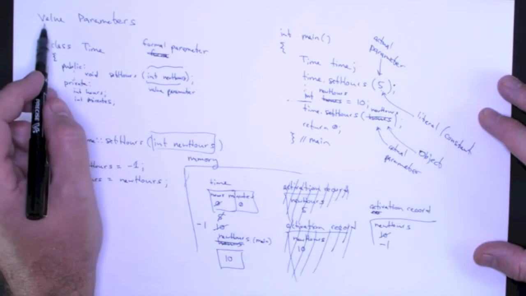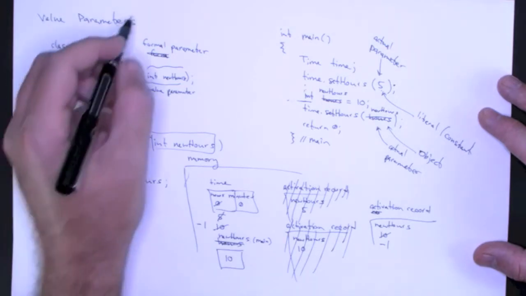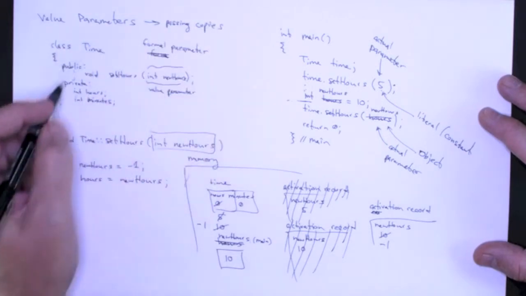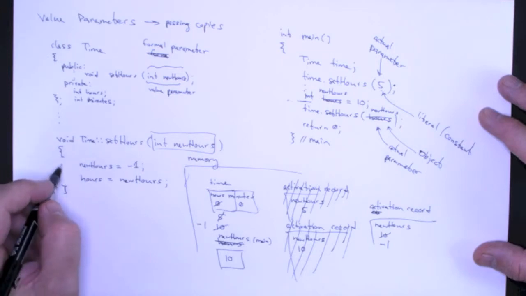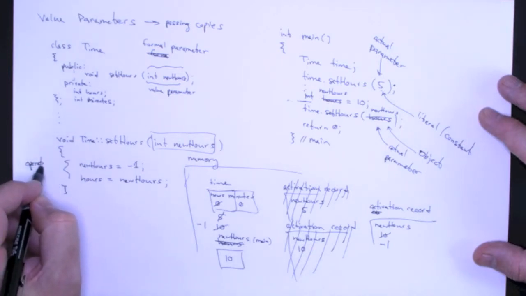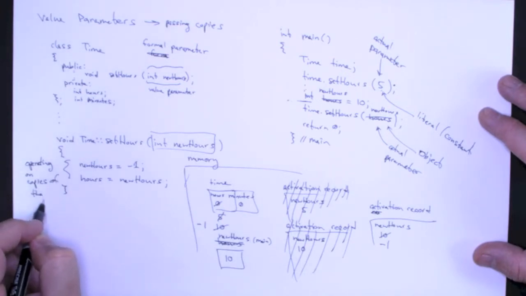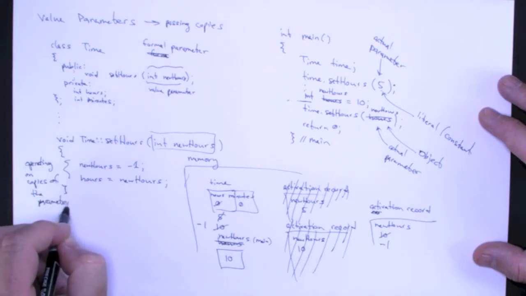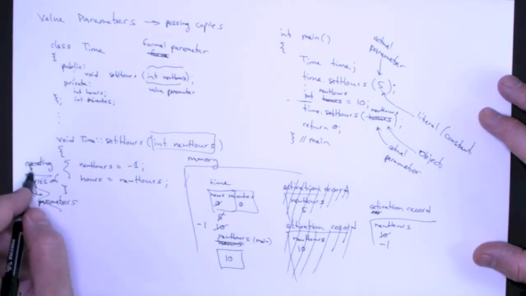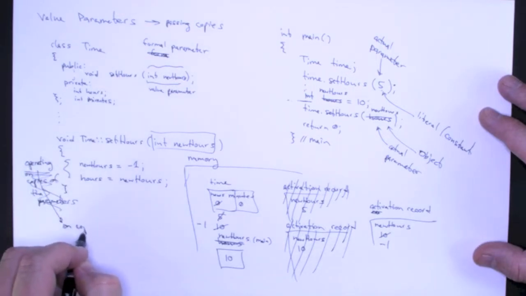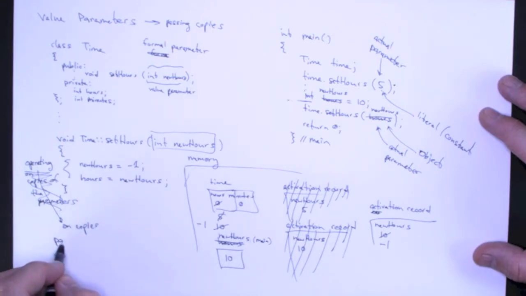Okay, so with value parameters, what we're doing is we're passing copies. And inside the method here, we're operating on copies, the parameters are copies, not the originals.